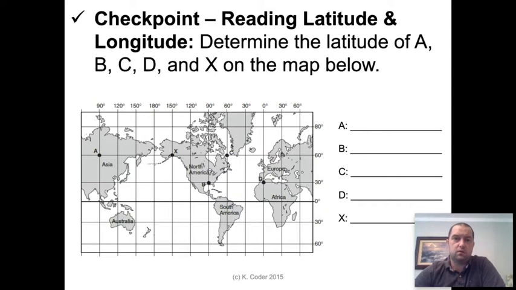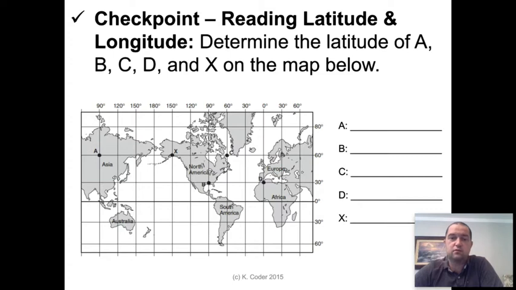For your checkpoint, you're going to determine the latitude of A, B, C, D, and X on the map below. Locate the letter, and then provide the numerical value of latitude and longitude in degrees.